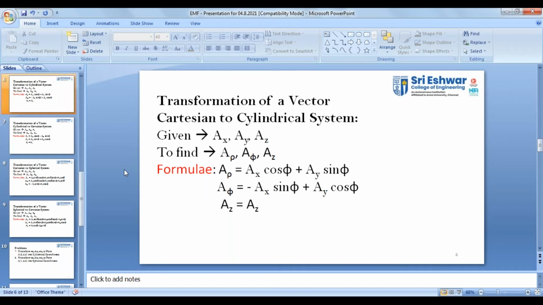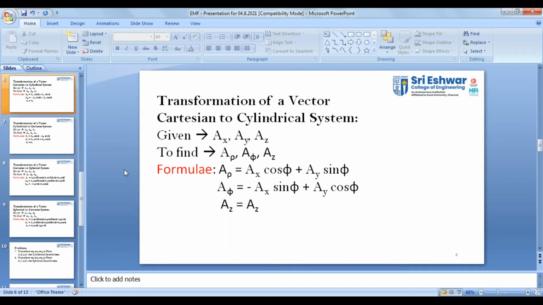Now a Cartesian vector is given to us and we have to transform it into cylindrical. I have used the same notation for ease. Ax, Ay, Az are given to us. We have to find A rho, A phi, Az. A rho is equal to Ax cos phi plus Ay sin phi.